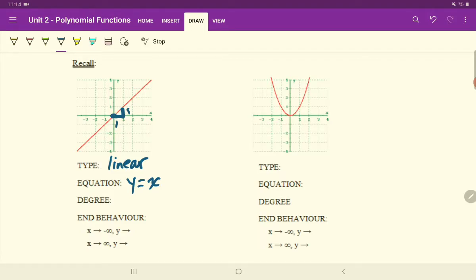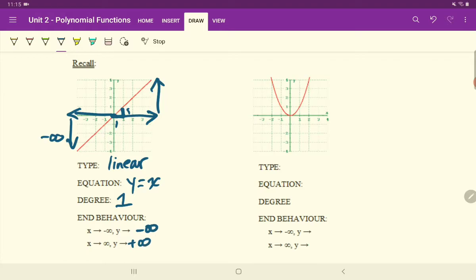Any linear equation is a degree 1 equation, and for this graph, as x approaches negative infinity, y also approaches negative infinity, and as x approaches positive infinity, y approaches positive infinity as well.